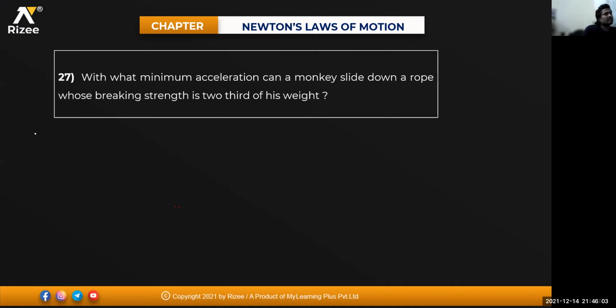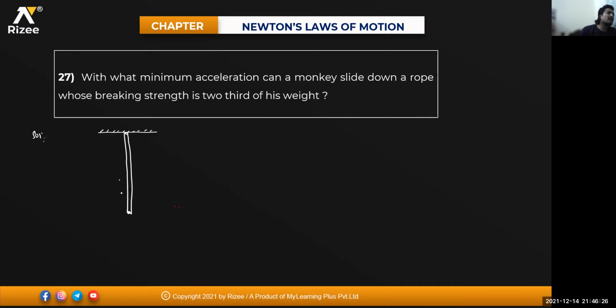This you can try once. With what minimum acceleration can a monkey slide down a rope whose braking strength is 2/3 of its weight? That means there is a rope here, right? Not a string.